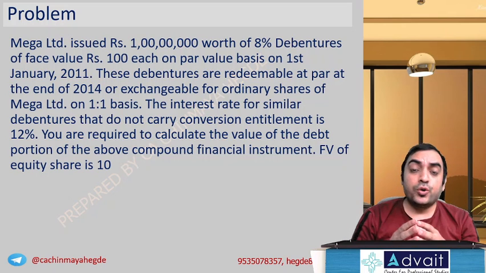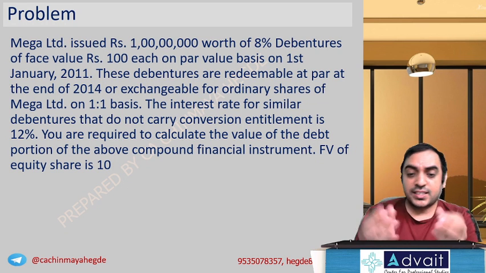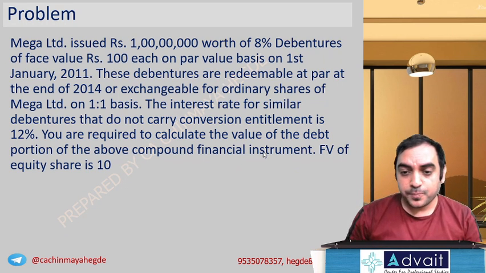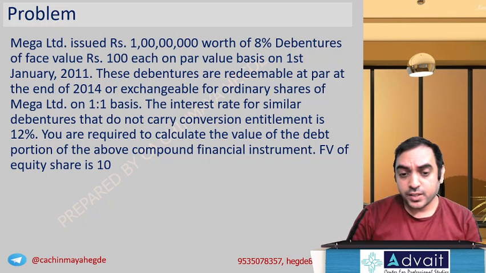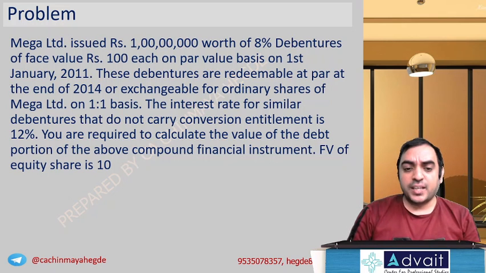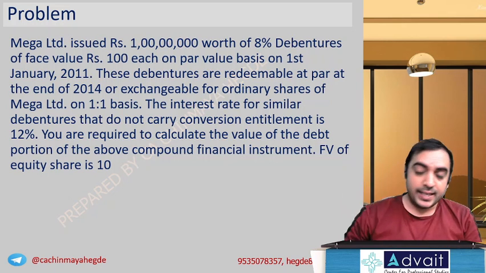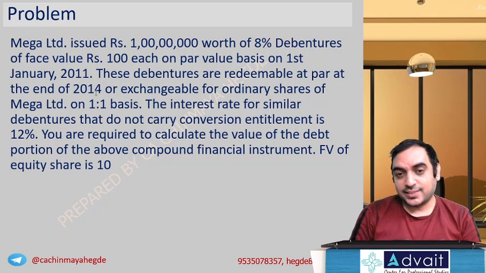And how would you do the debt component and equity component? The standard says like this. Okay, so let me tell you the process, and then let's also write down the logic. This is the first problem, the initial problem. We'll understand in detail. First, we'll focus on what is required for the exam, and then we'll focus on the overall concept in detail. Okay, so what the standard says.